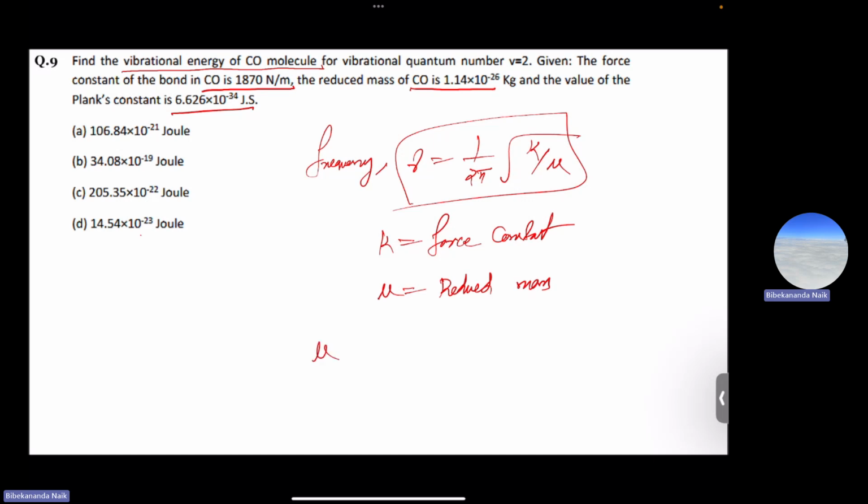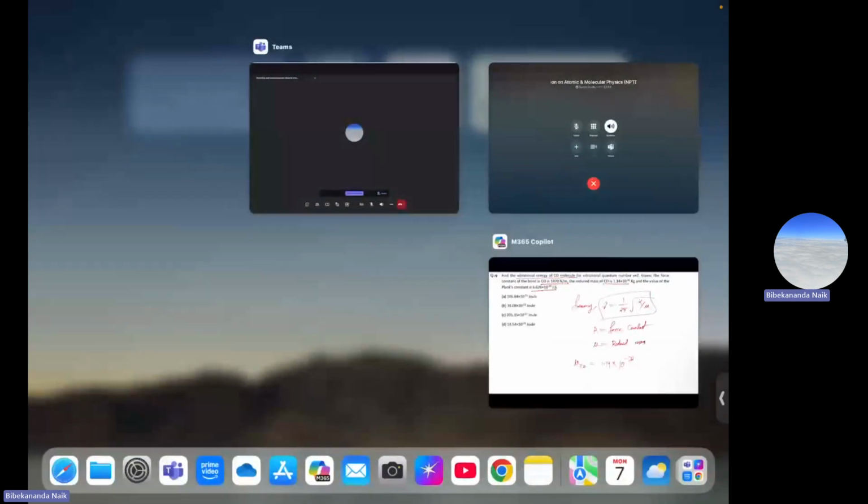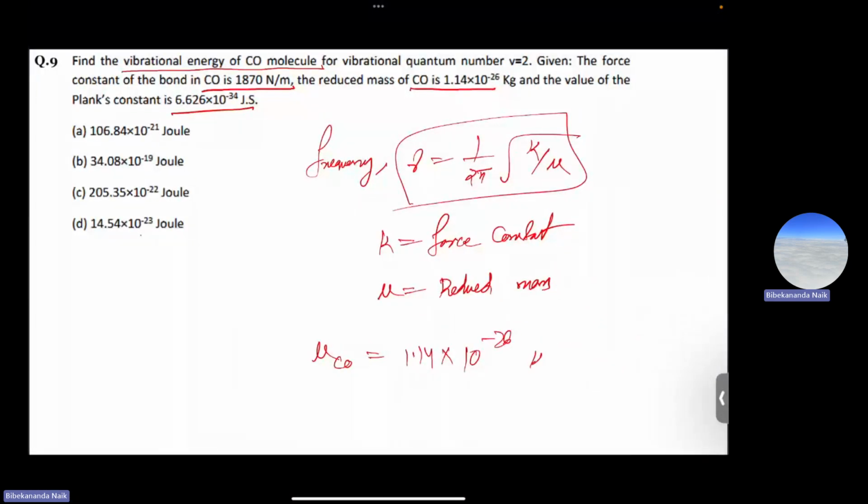The reduced mass mu for carbon monoxide is 1.14 into 10 to the power minus 26 kg, and the force constant k is 1870 Newton per meter. The value of Planck's constant h is 6.626 into 10 to the power minus 34 joule second.